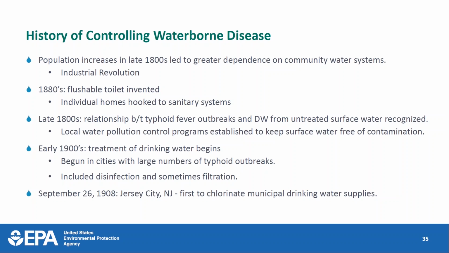Around this time, there were a lot of typhoid fever outbreaks, and people began to have big problems. About the number of people that die today in car accidents were about the number of people that died of typhoid fever. So in the 1800s, people actually started to chlorinate their drinking water supplies. Next slide, please.